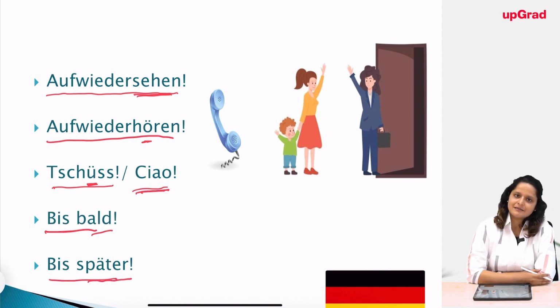So bis bald is see you soon. Bis später is see you later. Okay, so let's repeat these once more. Auf Wiedersehen. Auf Wiederhören. Tschüss. Ciao. Bis bald. And bis später.